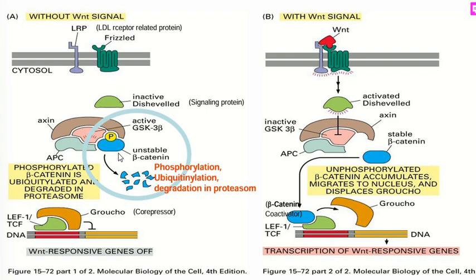Phosphorylation is the tag that says destroy the protein. After that, the beta-catenin gets ubiquitinated, then it is sent to the proteasome and degraded. The result is beta-catenin remains low and unstable in the cytoplasm.